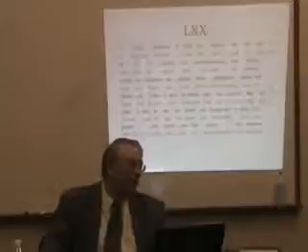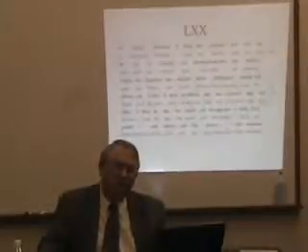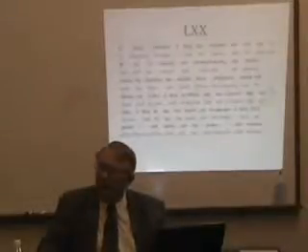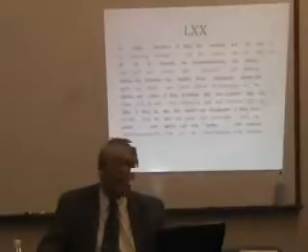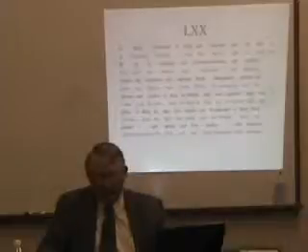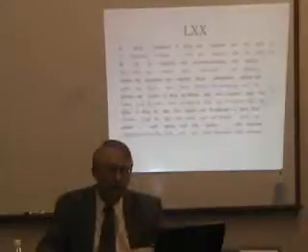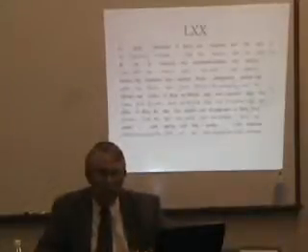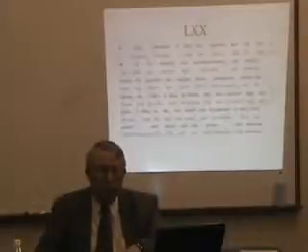Greek does not need our English word order to work. And you'll find out why later. But that makes it a very precise language and easy to understand. I find Greek more difficult grammatically and syntactically than Hebrew, but it's a more exact language.